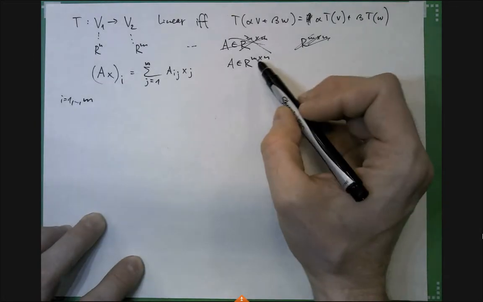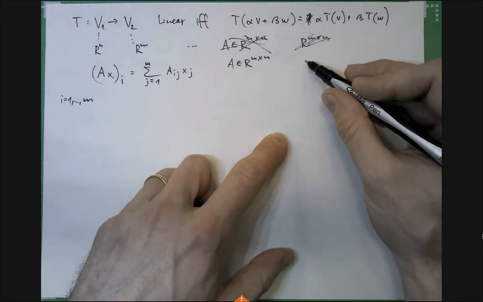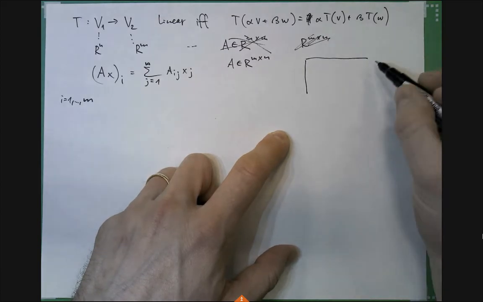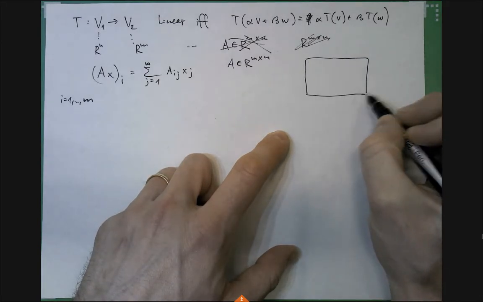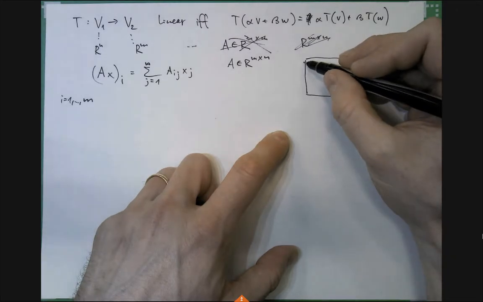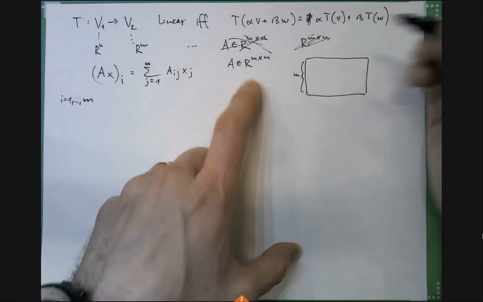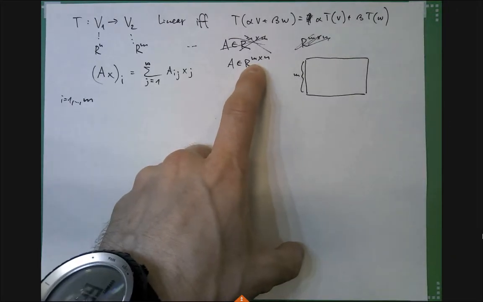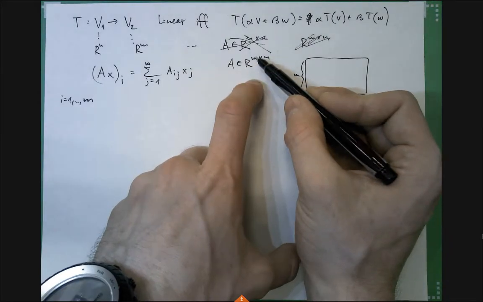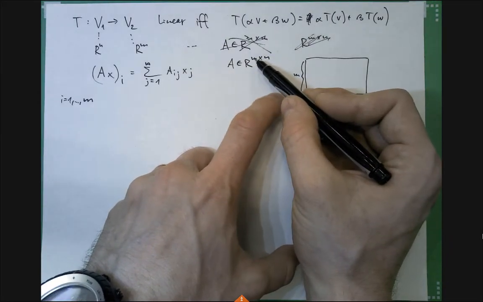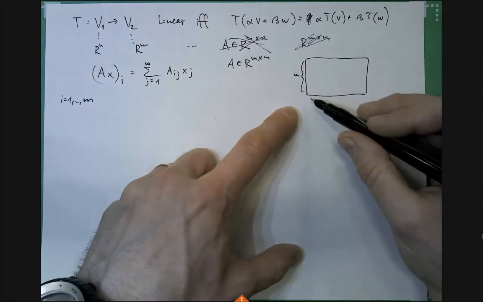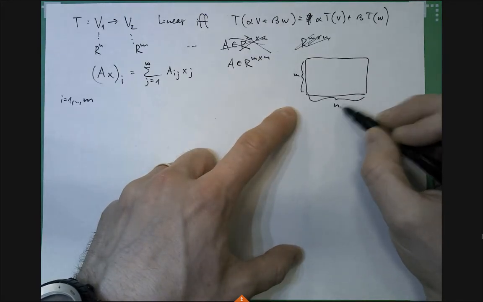Actually, it's probably better to draw the picture, because I'm also very easily confusing myself. Remember, m is always the number of rows. The first index here, the first symbol here, is the number of rows. The second is always the number of columns.